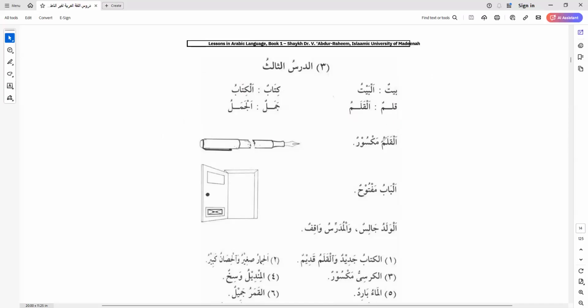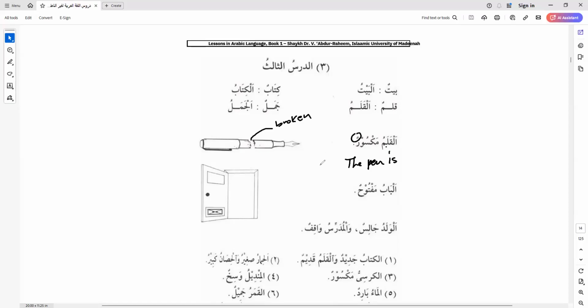So let's move on. Al-qalamu maqsurun. Here we're going to introduce a complement. It means the pen is broken. When something is broken in Arabic, we say maqsurun.